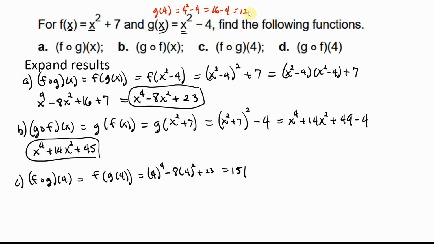I get 12. And so this is the same as f of 12. So go back to the function f of x. This is 12 squared plus 7. This is 144 plus 7. And that is 151. Right.